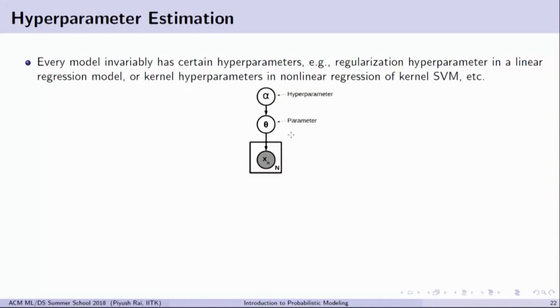Another very important benefit is the idea of hyperparameter estimation. If you think of any machine learning model, you invariably have one or more hyperparameters. For example, in ridge regression, you have the regularization constant. Typically, how do you find the best hyperparameters?